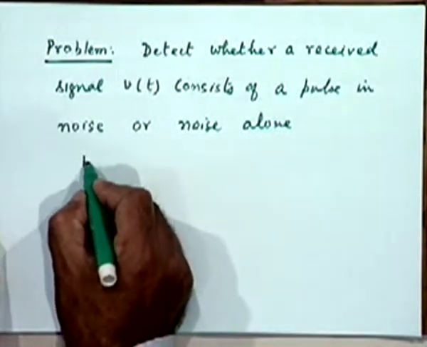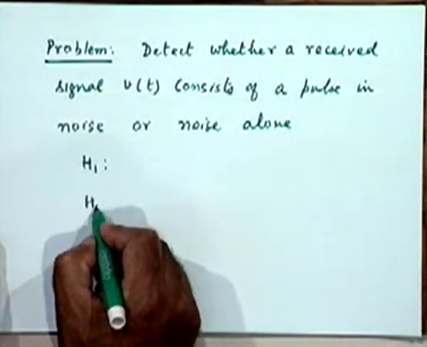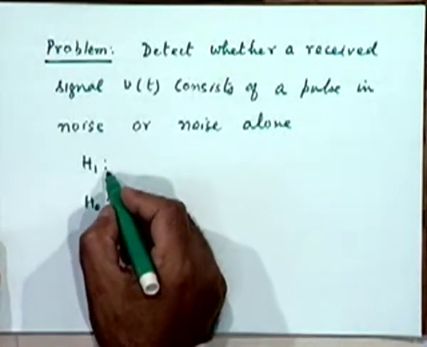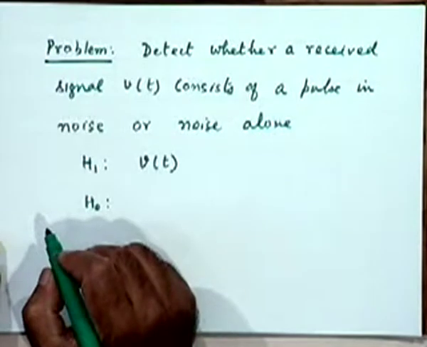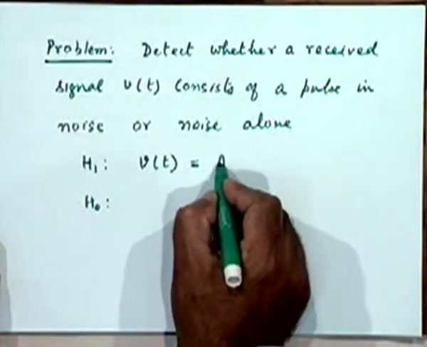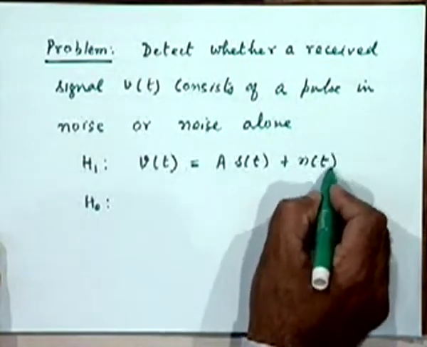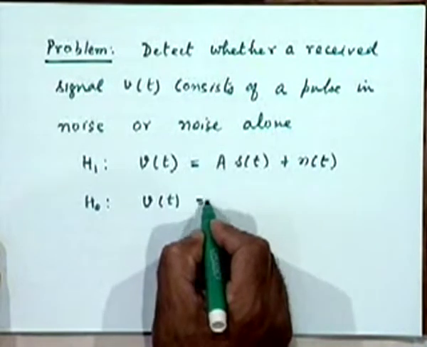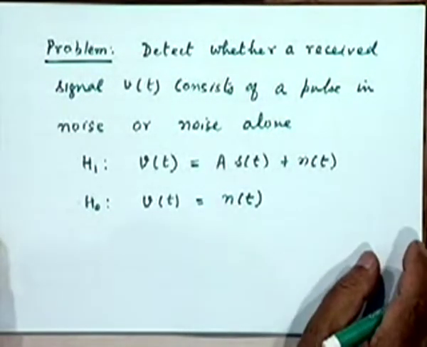What we are really doing is hypothesis testing with two possible hypotheses. Under this hypothesis, we are saying that our received signal, which we denote by v(t), consists of the pulse As(t) plus noise n(t). And under this hypothesis, v(t) consists only of the noise n(t). The question is, which of these is true?